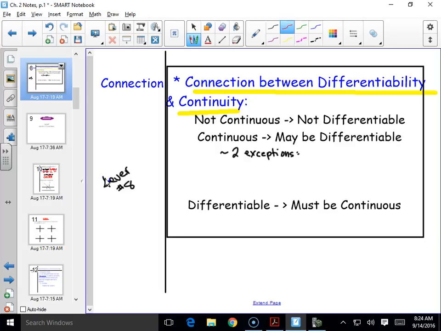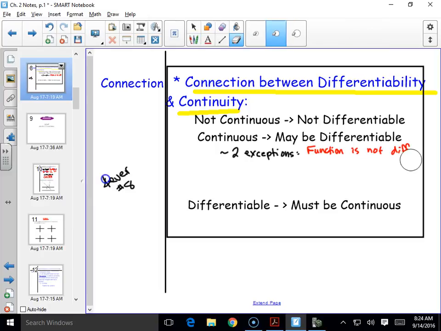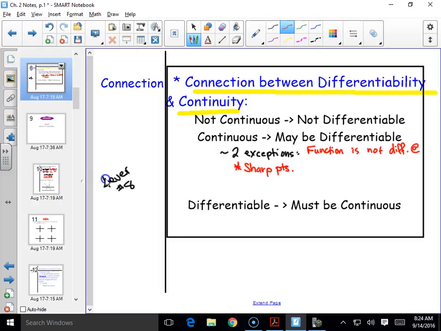Two exceptions we started talking about yesterday. I can use CONT to be continuous. I can use DIFF to be differentiable. At sharp points, or at vertical tangent lines.